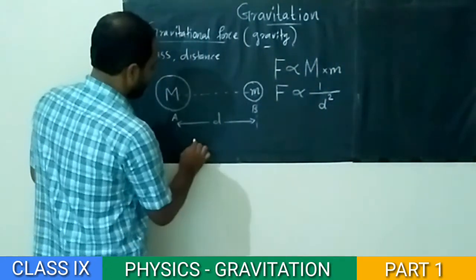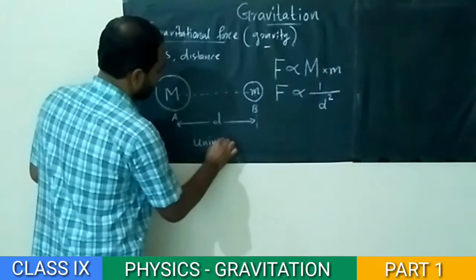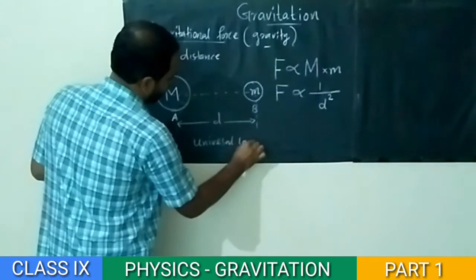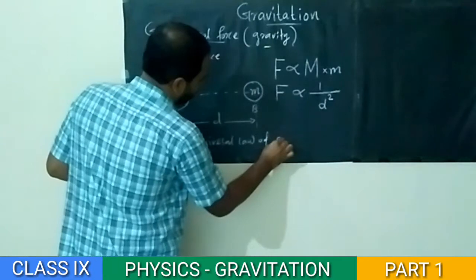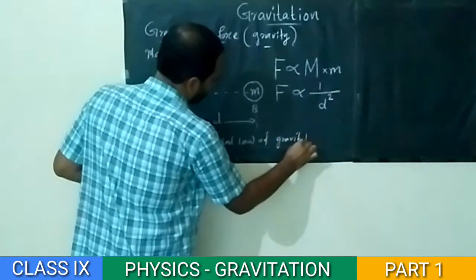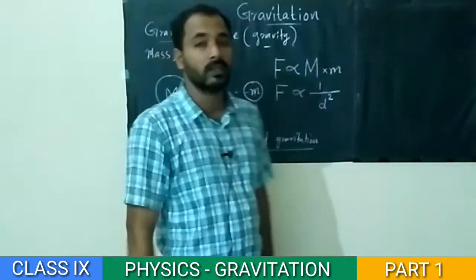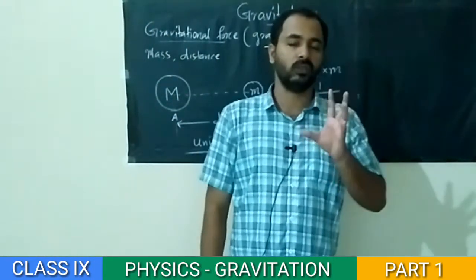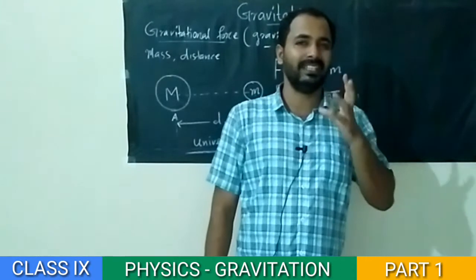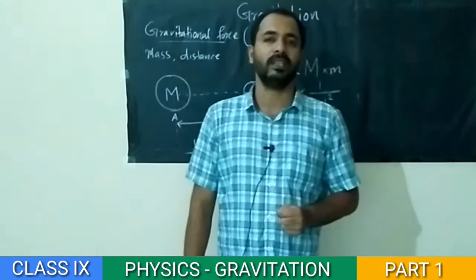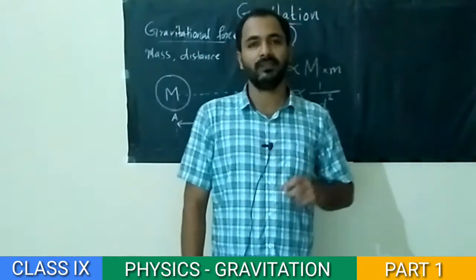This law is called universal law of gravitation. We can explain the definition of the universal law of gravitation.